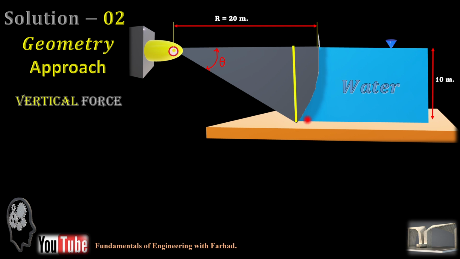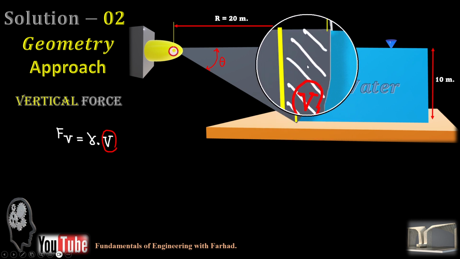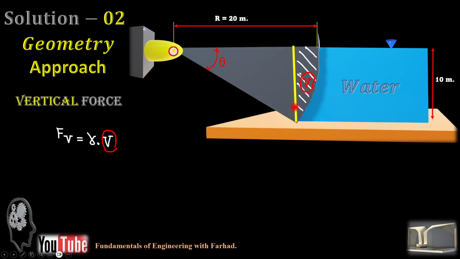So if you just consider the water above our gate, if you consider this part, that's our volume, which we have to consider for calculation of the vertical force. And how do we calculate that one?